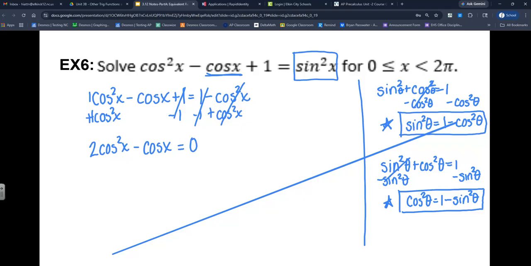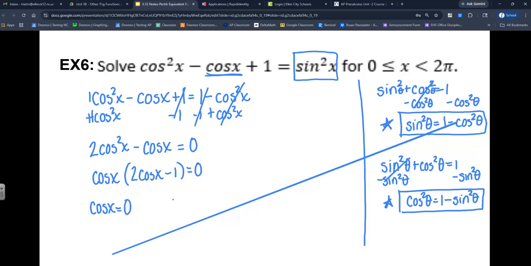Now it's really looking like what we were doing the other day. What should I do here? GCF. We're going to pull out a cosine x. So we got cosine x times 2 cosine x minus 1. Then we set each one equal to 0. Cosine x equals 0.